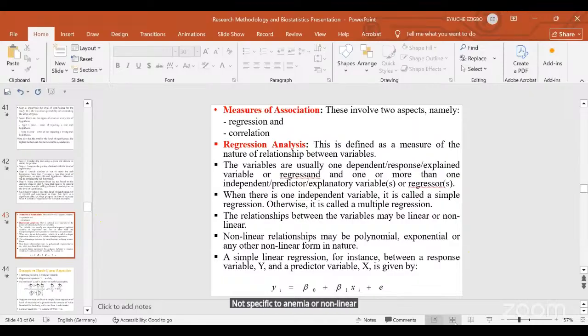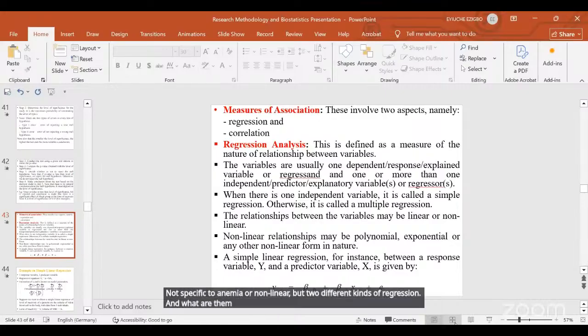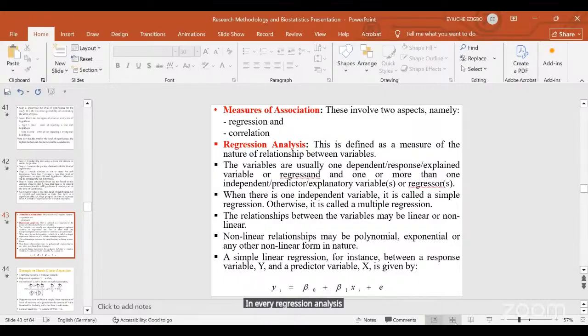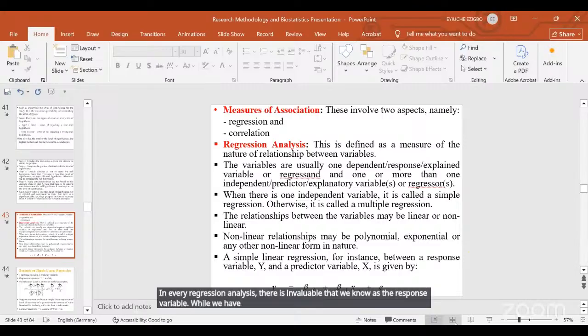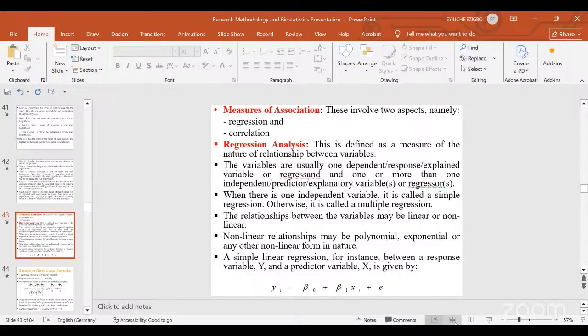In every regression analysis, there is a variable that we know as a response variable, while we have other variables that we know as predictor variables. So there are two kinds of variables in every regression analysis. One is the response variable.